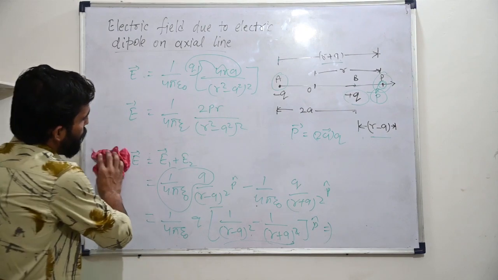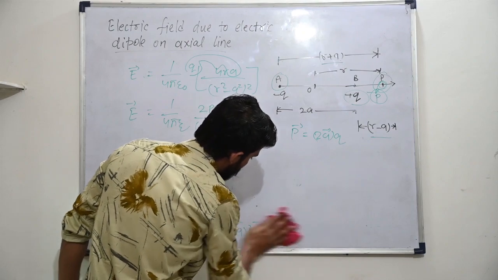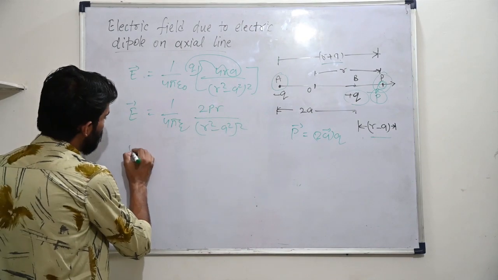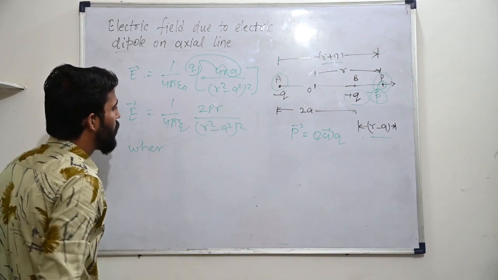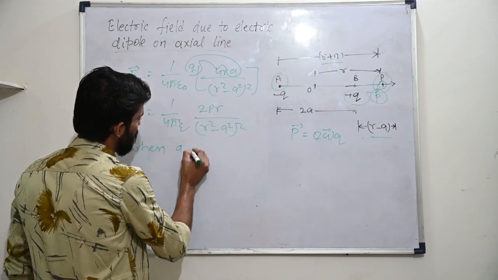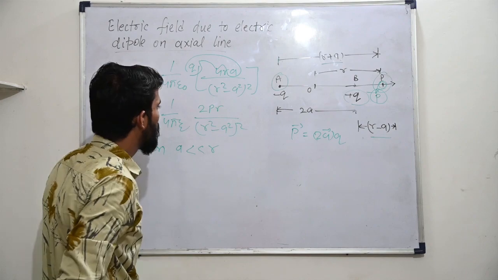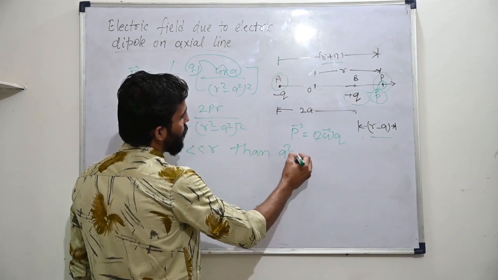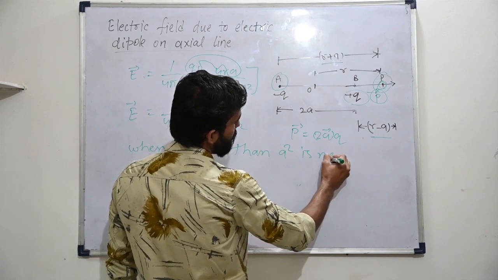Now we consider a case when a is very less than r, then a square is negligible.